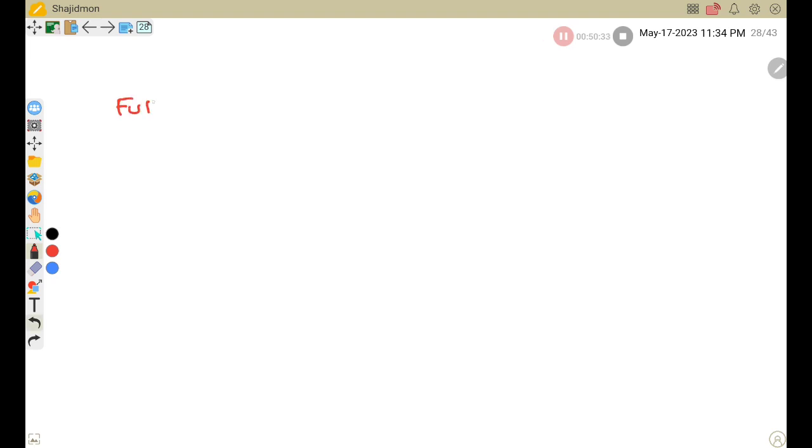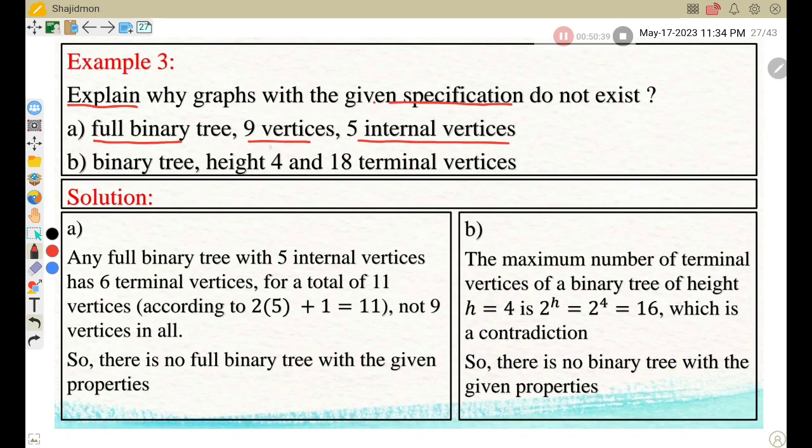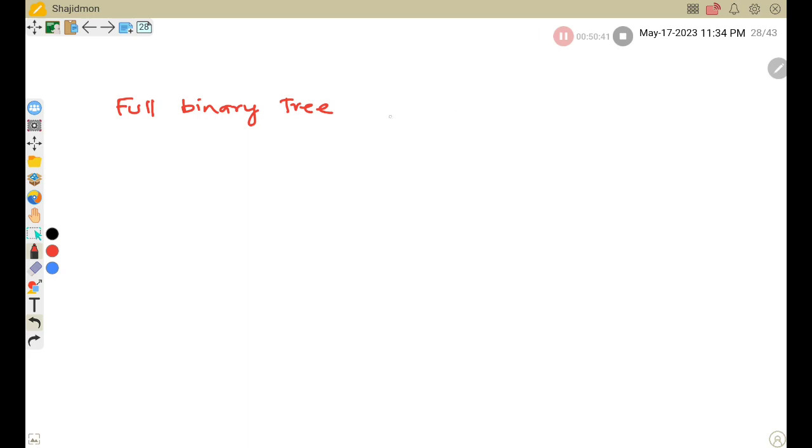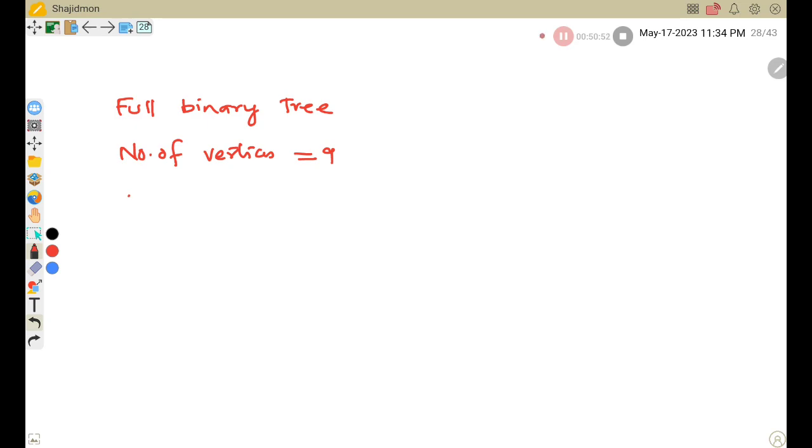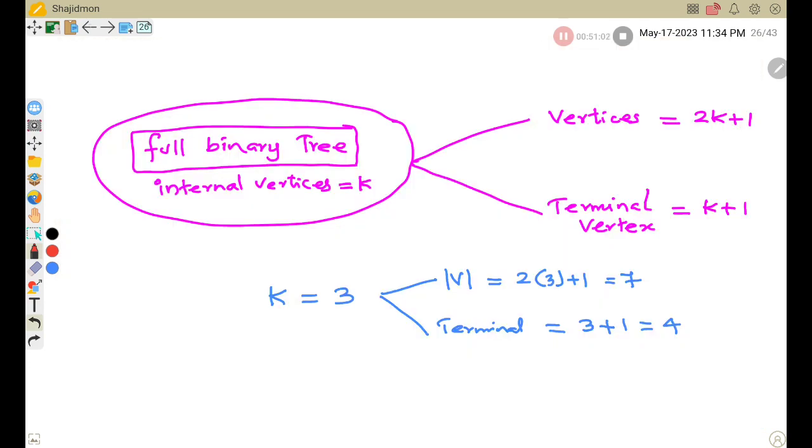Our tree is a full binary tree, the number of vertices is equal to 9, and the number of internal vertices is equal to 5. Is it possible or not? This is the question, and we are going to use the rule we studied.